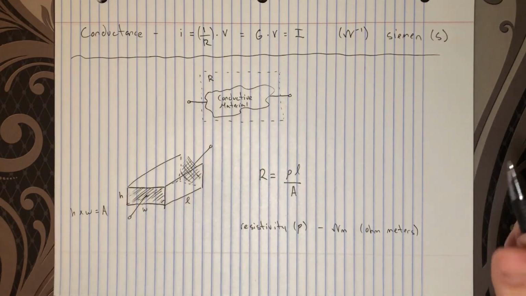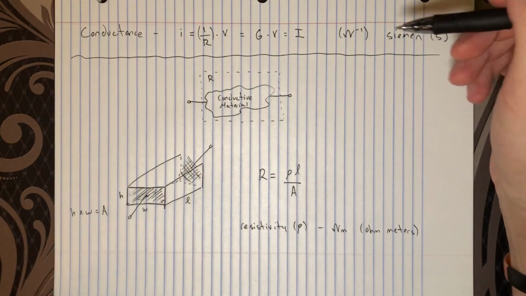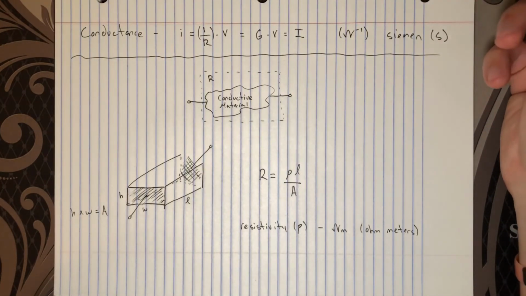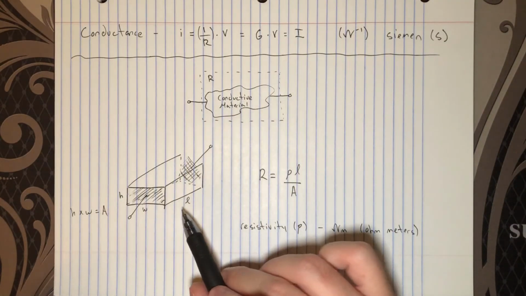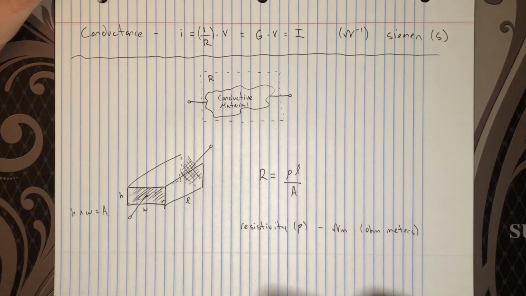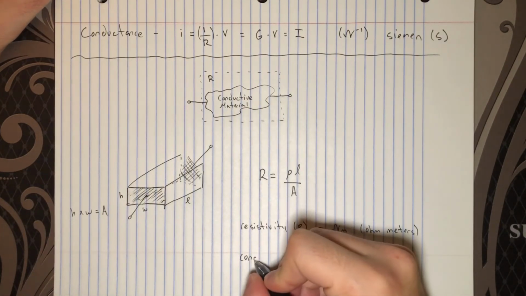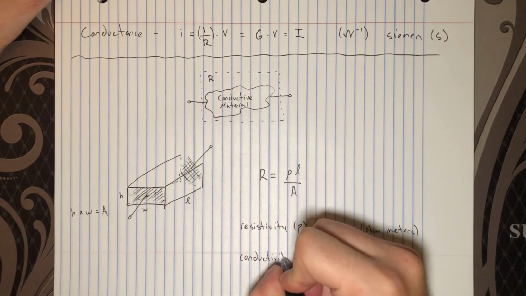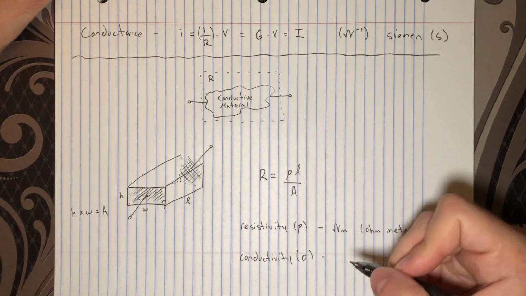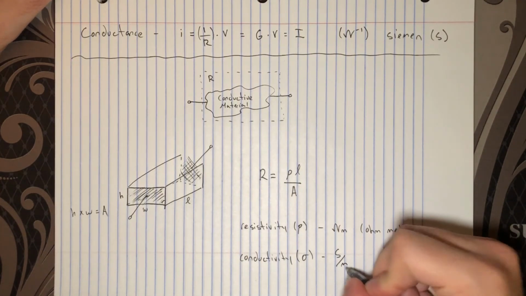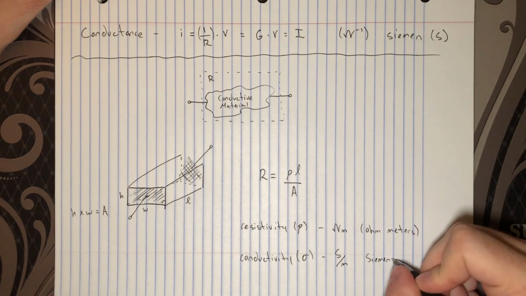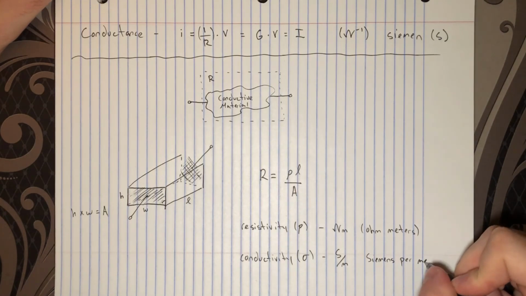And just like we have this dual definition of resistance and conductance, and they're really one and the same thing, just inverses, you could also describe this material not in terms of its resistivity, but in terms of its conductivity. And conductivity is usually described with the symbol sigma, and the units are Siemens per meter.